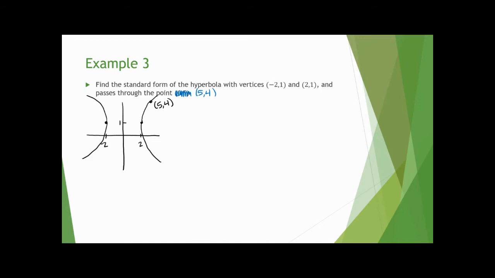So this is horizontal, so my x term in my equation is going to be (x minus h) squared over a squared minus (y minus k) squared over b squared equals 1.